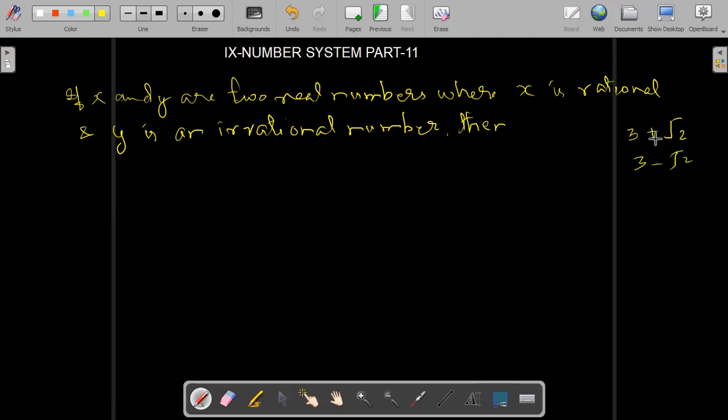Will their answer be irrational or rational? In all cases, you get an irrational number. If you add a rational and an irrational number, x plus y is also an irrational number.